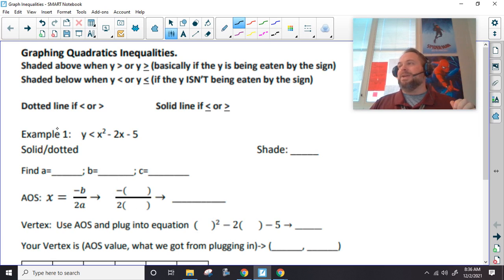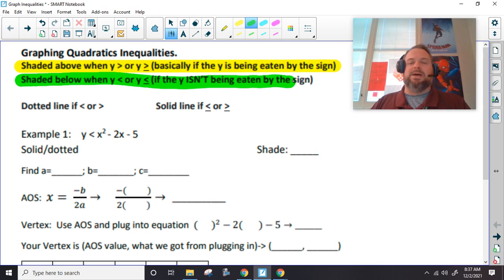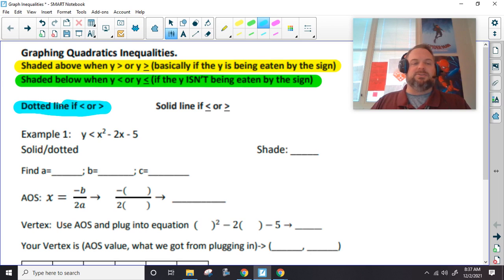The only thing we had to add are these two parts right here: we're going to shade above if the y is being eaten, and we're going to shade below if the y is not being eaten. It's dotted if there's not a line underneath the inequality, and it's solid if there is.